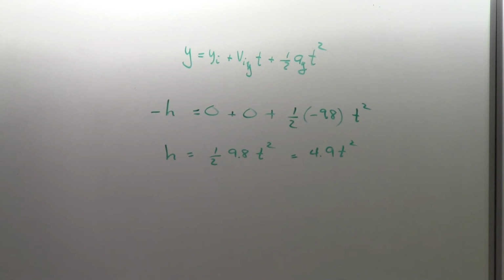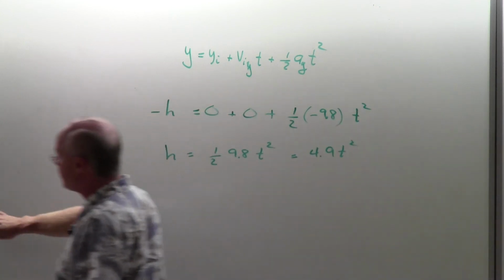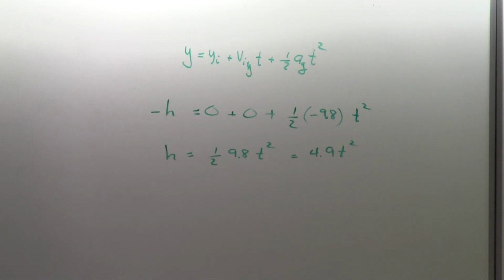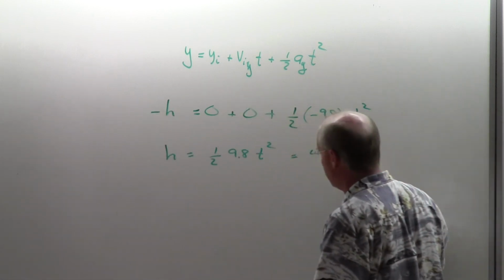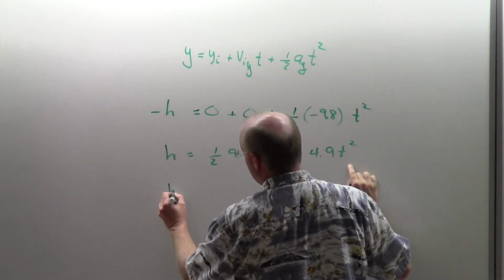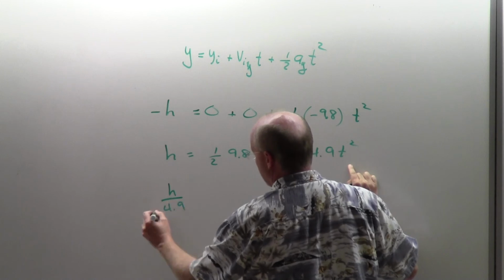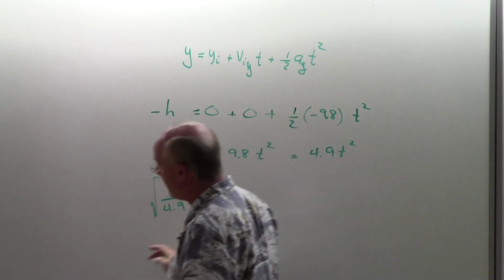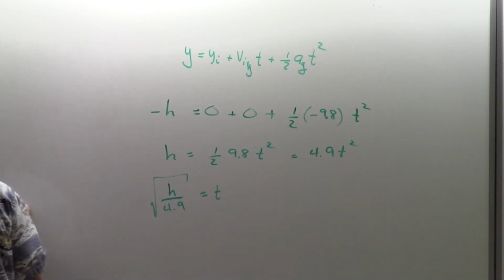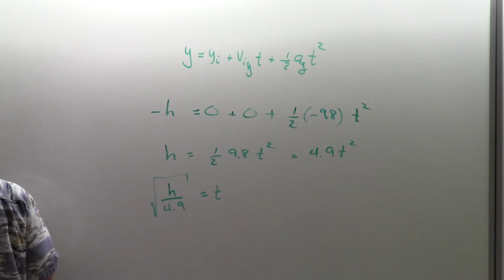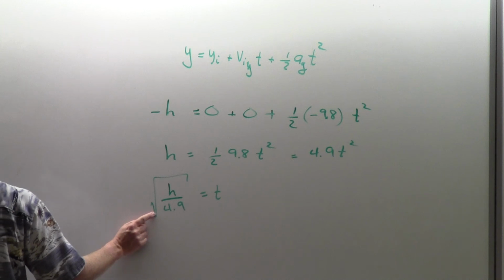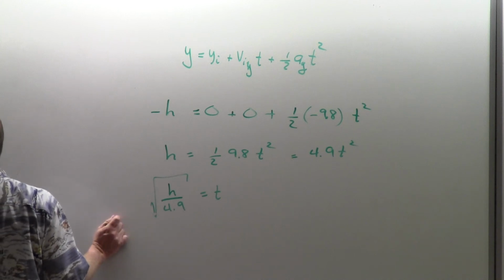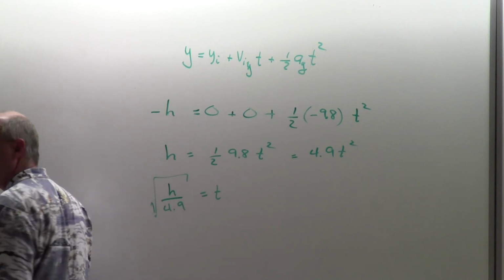And now we can put it together. We can put our old stuff from chapter 4 together with our new stuff here from chapter 9 and get this speed. So I'll start over here by solving this for time. So that means h divided by 4.9, take the square root, that's t. Knowing that and putting it into here means d equals this capital V times the square root of h over 4.9.